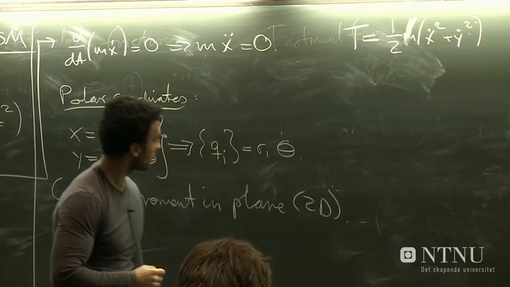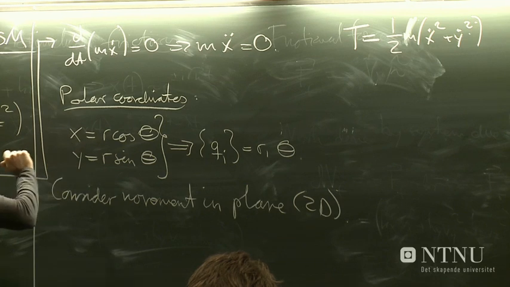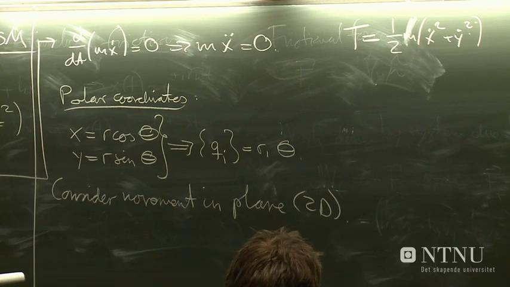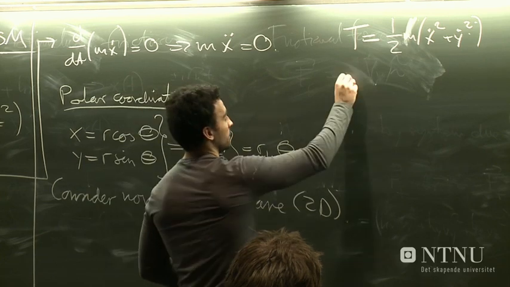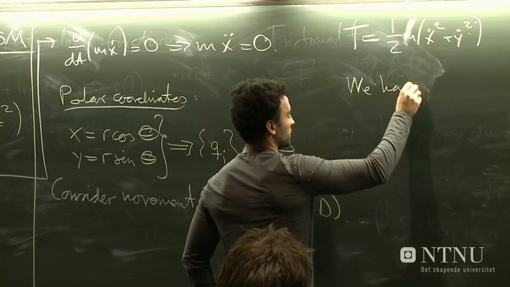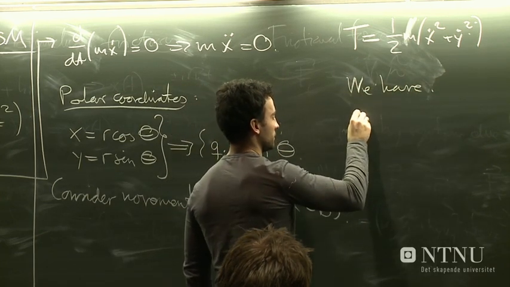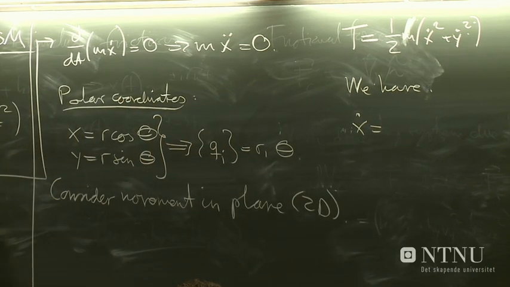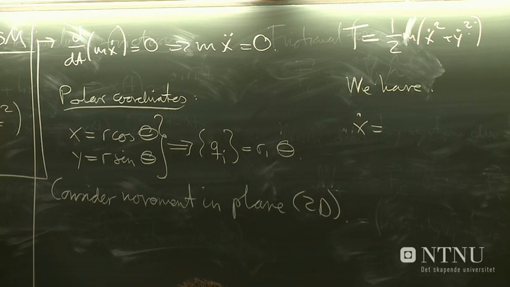looks like this. So we would now have to find an expression for x dot and y dot in terms of these polar coordinates. Well, we can just use these transformation rules.